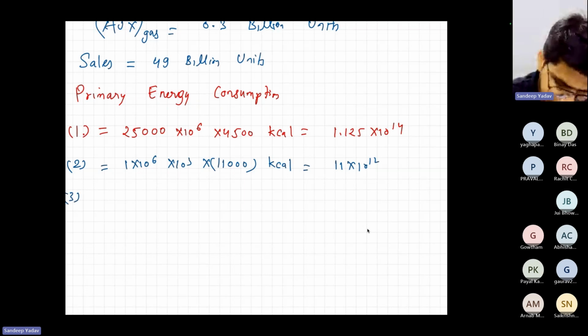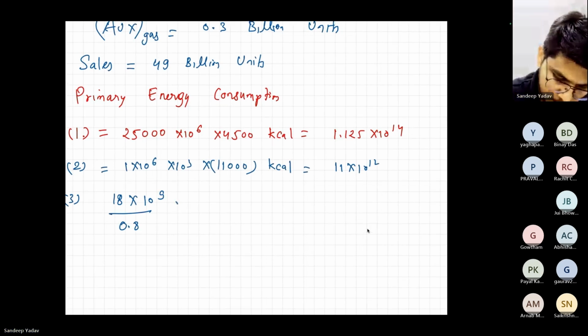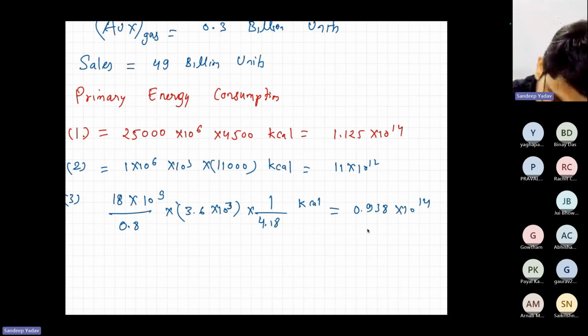Third is 18 into 10 raised to power 9 divided by 0.8, because here the efficiency is also given, multiplied by 3.6 into 10 raised to power 3 into 1 by 4.18 kilocalorie. That's a conversion of kilojoule to kilocalorie. It is 0.938 into 10 raised to power 14.